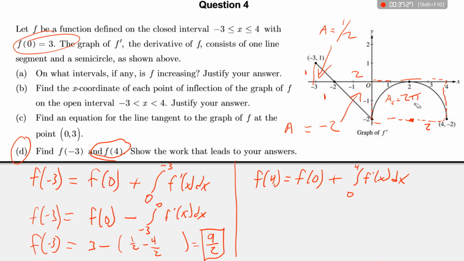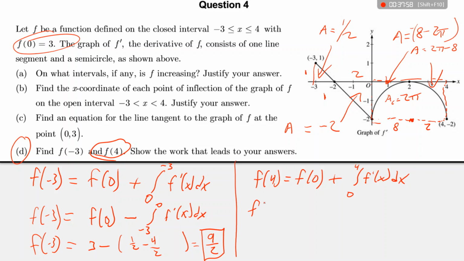And then the area of the entire box is a 4 by 2 box, so it would be 8. So the area of both of these white spaces added together would be 8 minus 2 pi, which is the area we need, only that area would be negative because we are below the curve. So that is -8 plus 2 pi, or 2 pi minus 8.